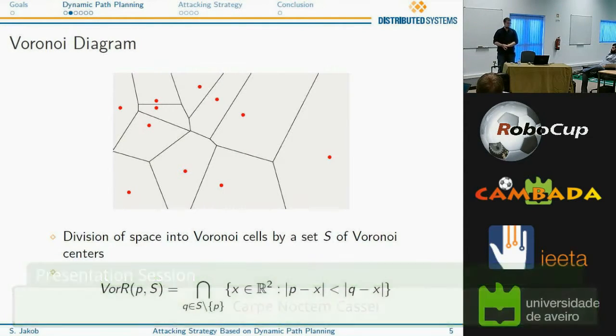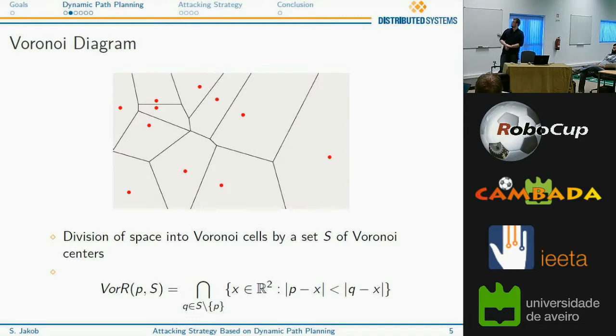The base for our path planner is a Voronoi diagram, which you can see here. It is a division of the two-dimensional space into cells by a given set S of Voronoi centers, which are marked here in red. Each Voronoi cell consists of all points in the 2D space which are closest to a given center.